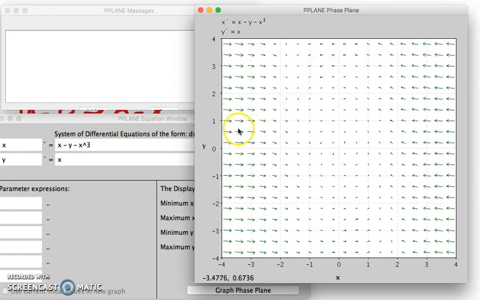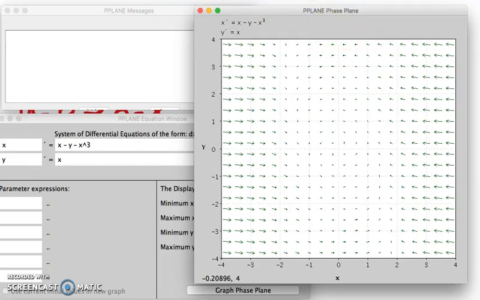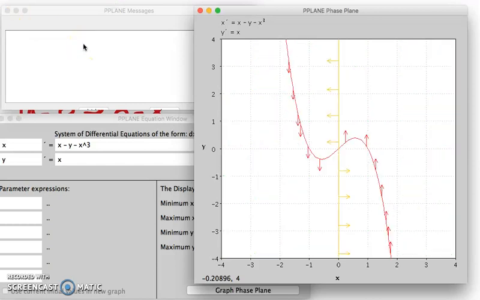Okay. And now what we could do is just ask p-plane to show us the null lines and the direction flow. So I'm going onto the menu here, which you can't see, and I'm saying solution, and then show null lines with arrows. And you can see that we pretty much got it right.